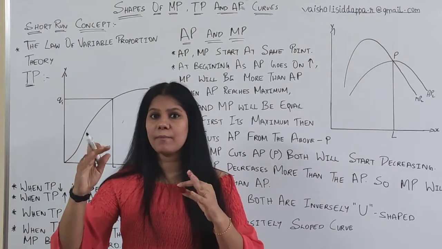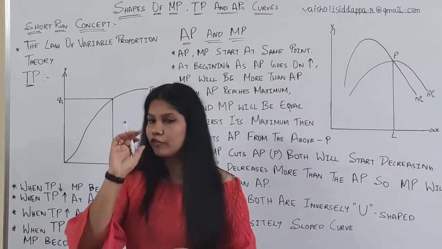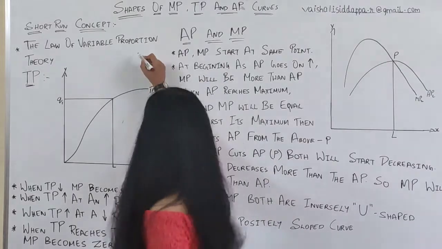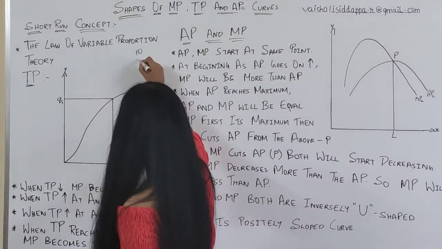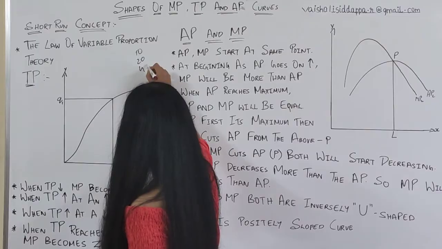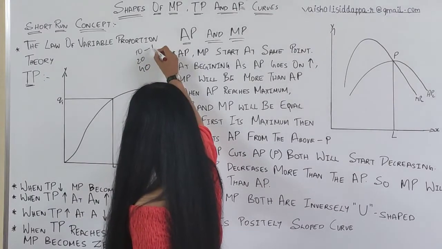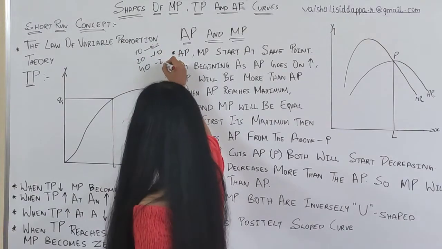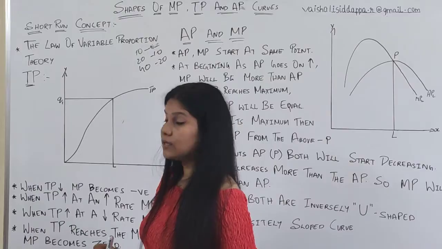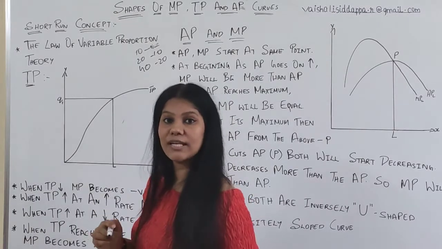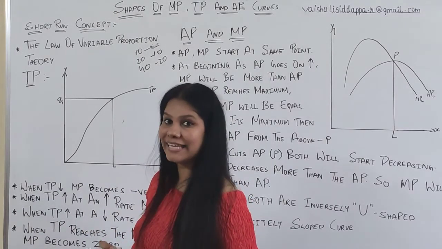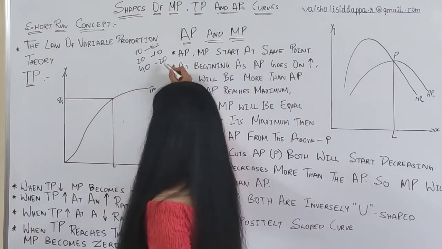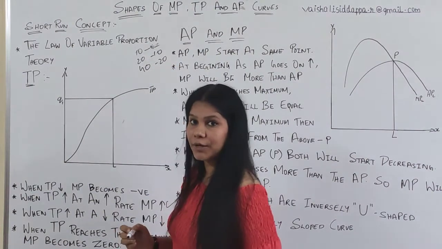It is increasing in a decreasing manner. For example, it was 10, increased to 20, increased to 30. That means the extra is 10. What is the extra? 10. Then how much is it increasing? 20. The marginal extra, which was 10, increased to 20.